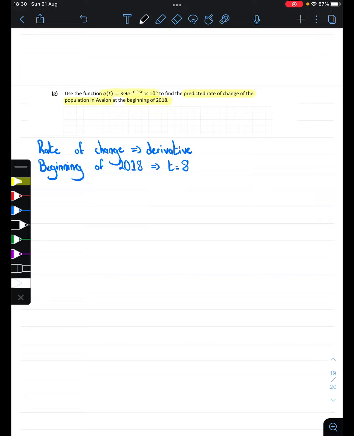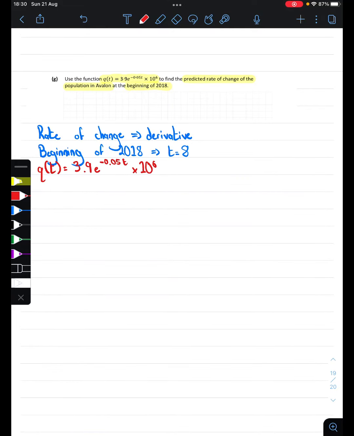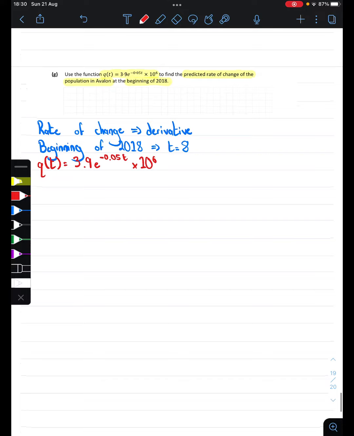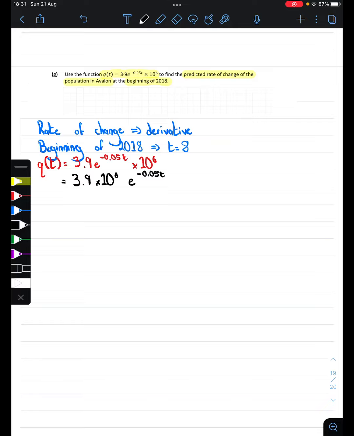Okay, so first things first, we've got to find the derivative. So we use our function q of t equals 3.9 e to the power minus 0.05 t by 10 to the power of 6. And now we want to find the derivative of this. Well, we can just take our constants to one side, like we did for the integral, 3.9 by 10 to the power of 6. And then just get the derivative of e to the minus 0.05 t.